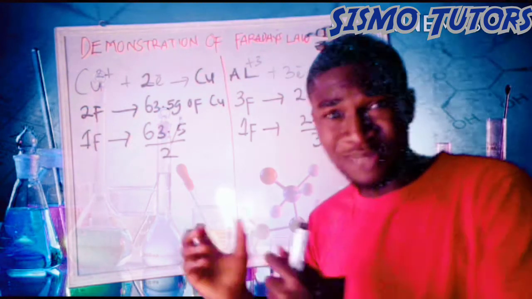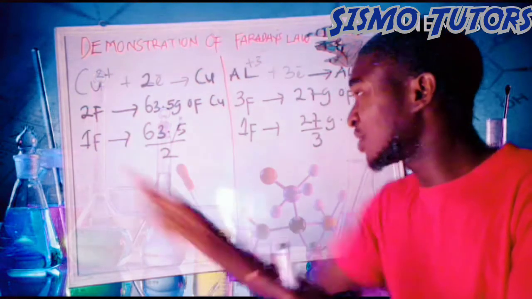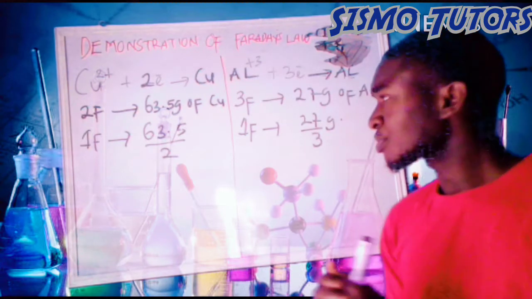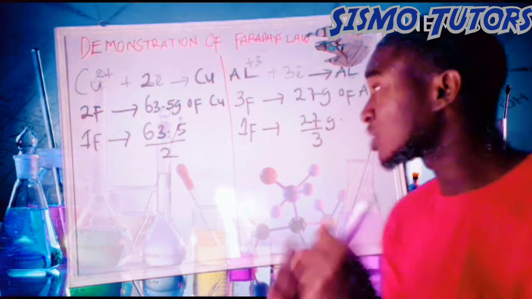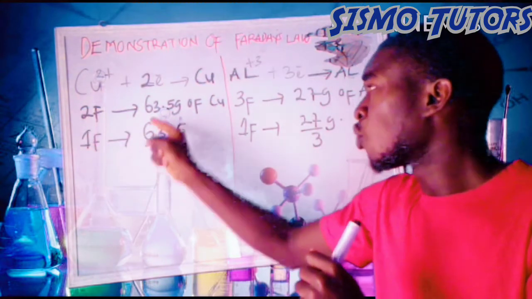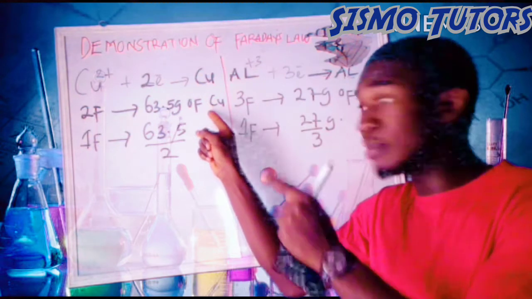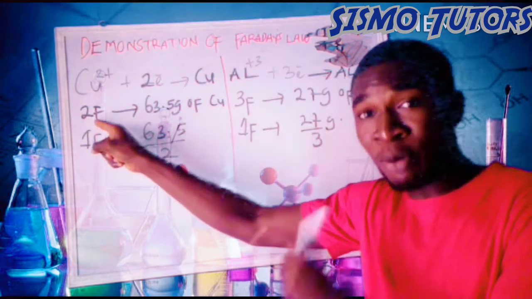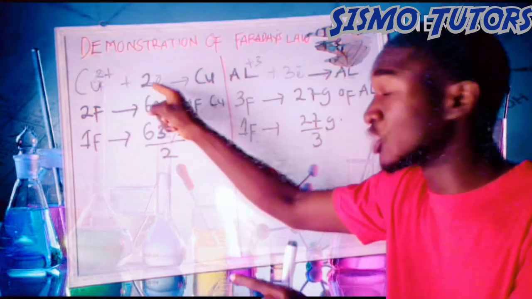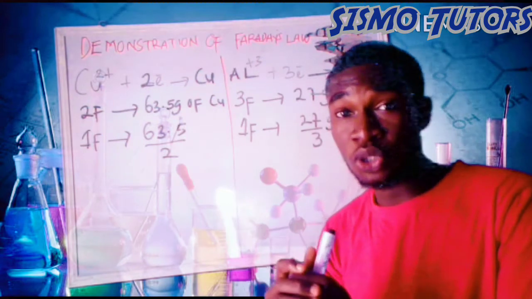Now, can you just observe this? What do you actually see from this very place when we are calculating for 1 Faraday? Anybody? Okay, let me explain. If we observe properly, we will see that when we passed 1 Faraday, what we did was to divide the mass of the element, or the atomic mass of the element, by the number of Faraday passed, which is the same thing as the number of electrons that were gained in the solution.